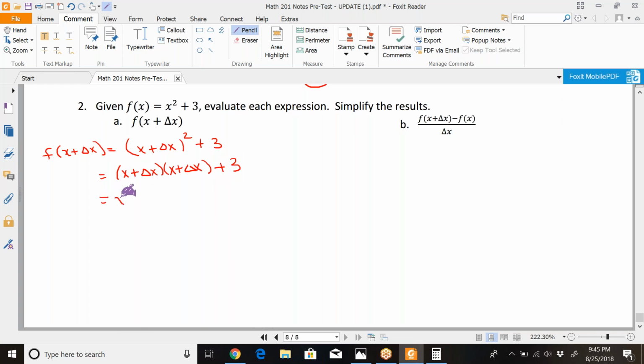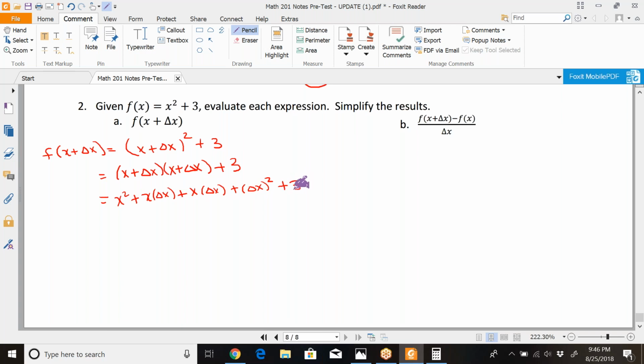So x times x is x squared. X times delta x is just an x and then a delta x. I like to put the delta x in a parentheses to distinguish that they're different variables. Then we're going to get another delta x times x. And then we're going to have delta x times delta x. So that would be delta x squared. Again, I like to keep delta x in a parenthesis so I can see that it is one variable by itself.